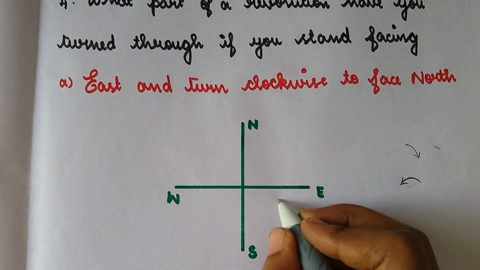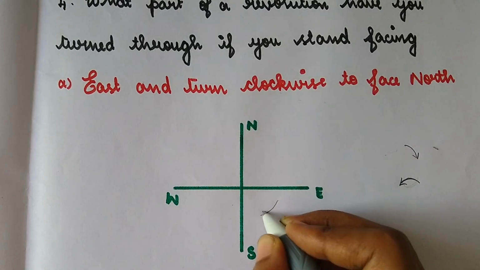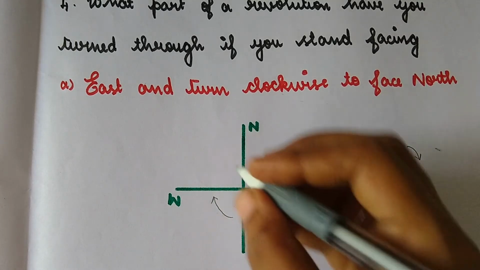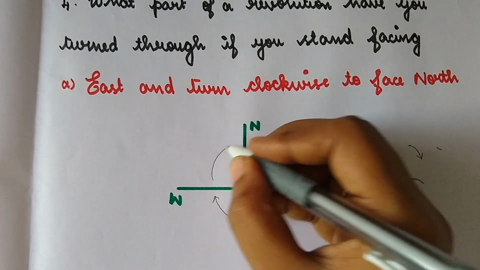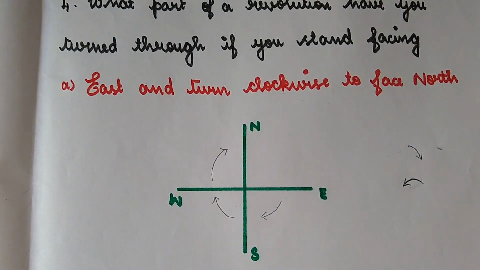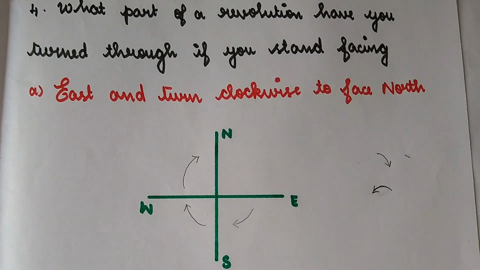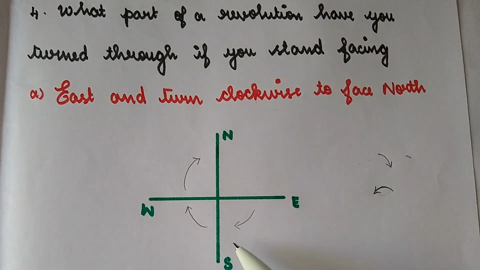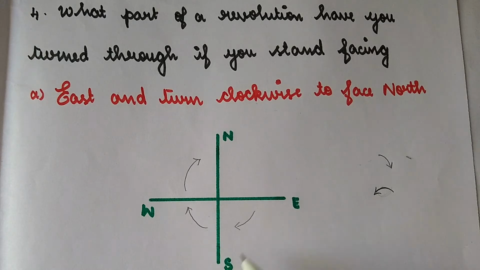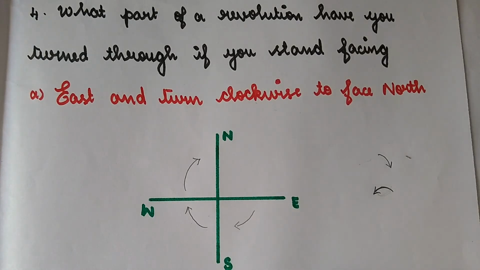So we have to move from east to south, then south to west and west to north. So from this problem we have turned through right angles. First you stand facing the east. Then by a right angle turn clockwise, you now face south.